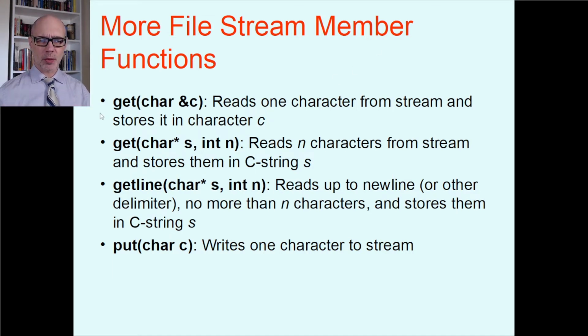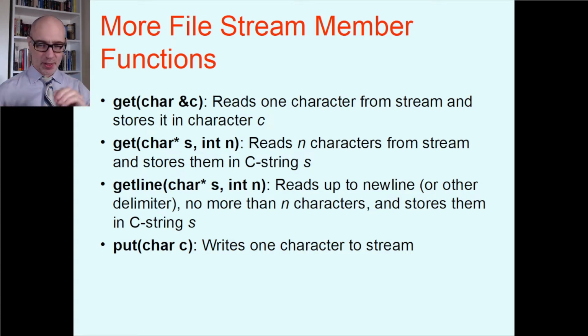So among the things you can possibly do to control text input a little bit more finely, you don't have to use the left arrow, right arrow operators. This function called get takes a character reference, and what that does is it reads in one single character from the stream and stores it in this character C. So keep in mind, as usual, just like with cin, if you use the right arrow operator, the extractor, that tokenizes the stuff in your text and breaks it up on white space.